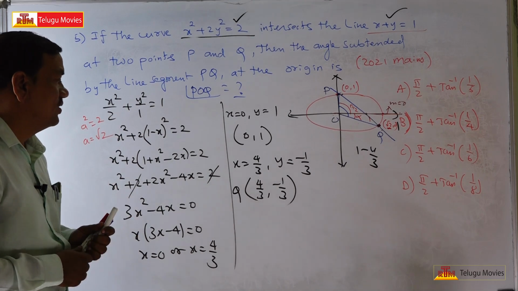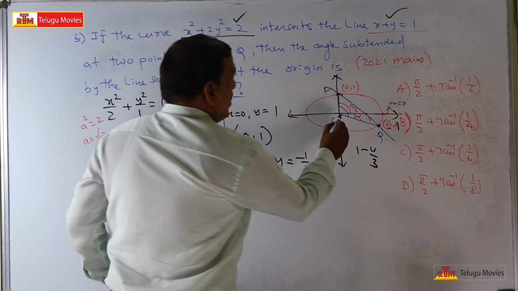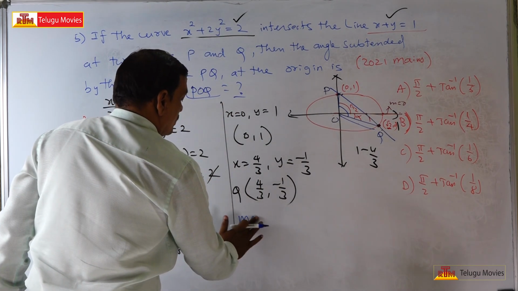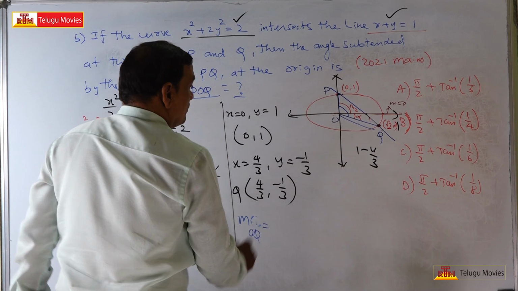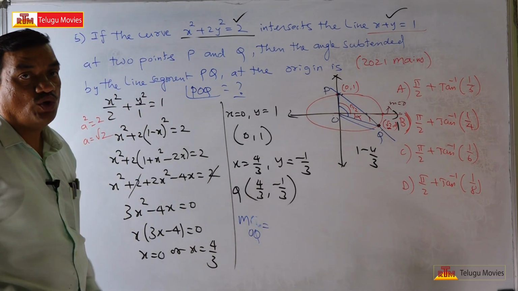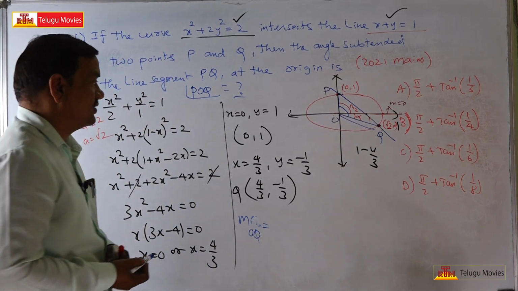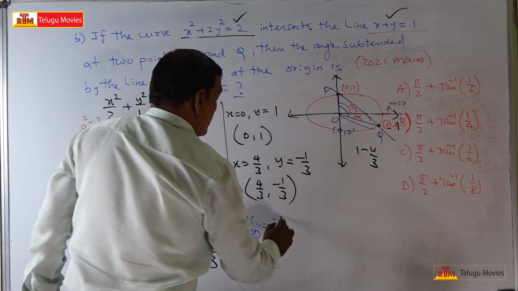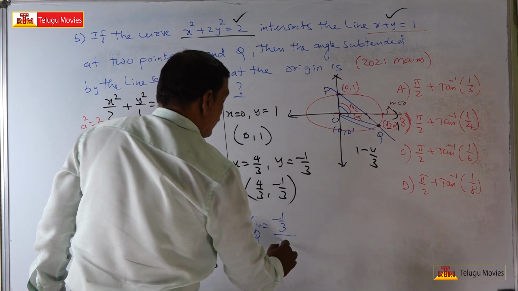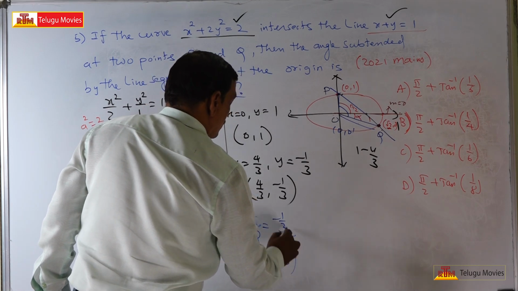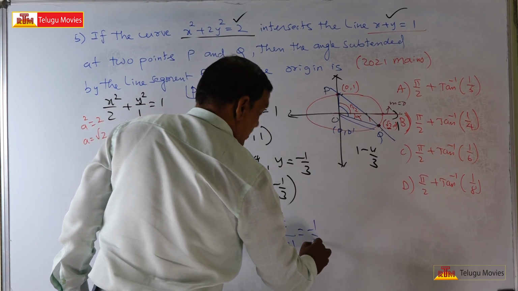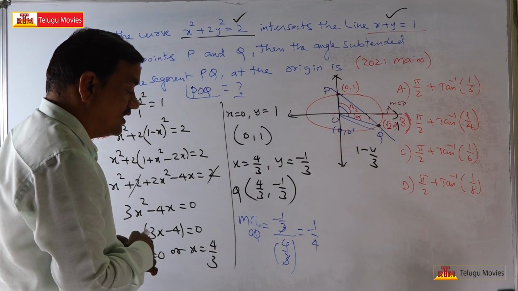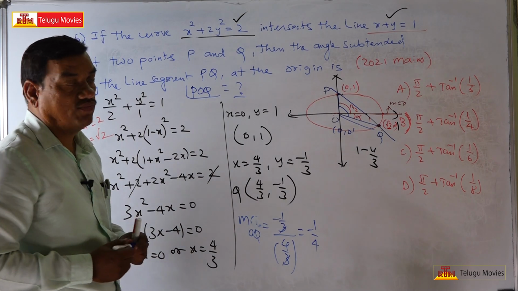So very clear. What is the slope of OQ? Slope of OQ is nothing but (y2 minus y1) by (x2 minus x1), where O is (0, 0). That is minus 1 by 3 divided by 4 by 3. So 3 will get cancelled, and you will get the slope as minus 1 by 4.